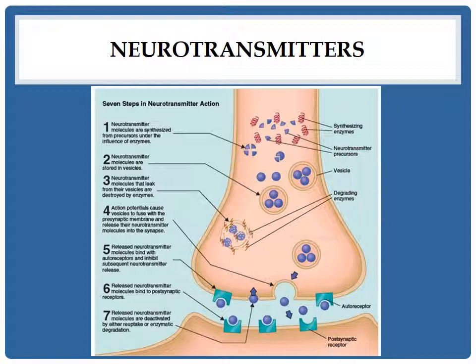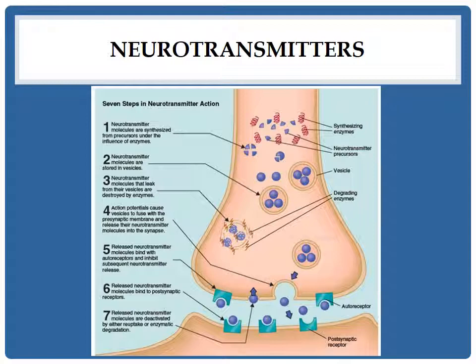Number 3, if neurotransmitters leak from their vesicles, they're destroyed by enzymes. But then number 4 is the more interesting part. Action potential causes the vesicles to fuse with the membrane, and that's what dumps the neurotransmitters into the synapse. I think the word we used a couple slides ago was the cell exocytoses the neurotransmitters.